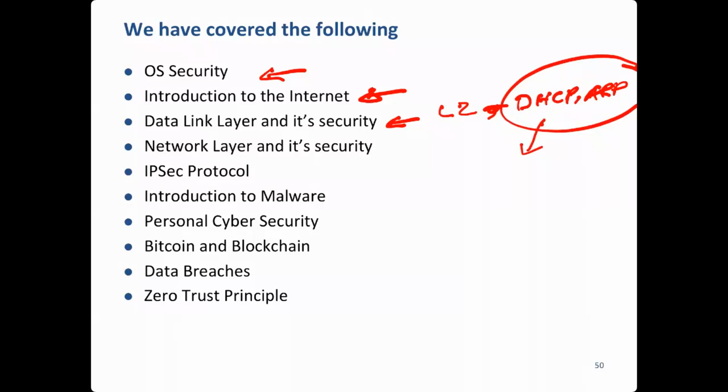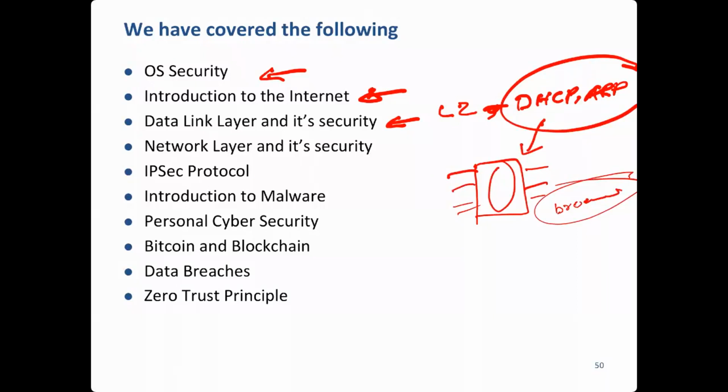We have also studied Ethernet switches and how these switches can be exploited because, again, there is something called broadcast happening inside, right? Broadcast is required for learning, and then this can be exploited.